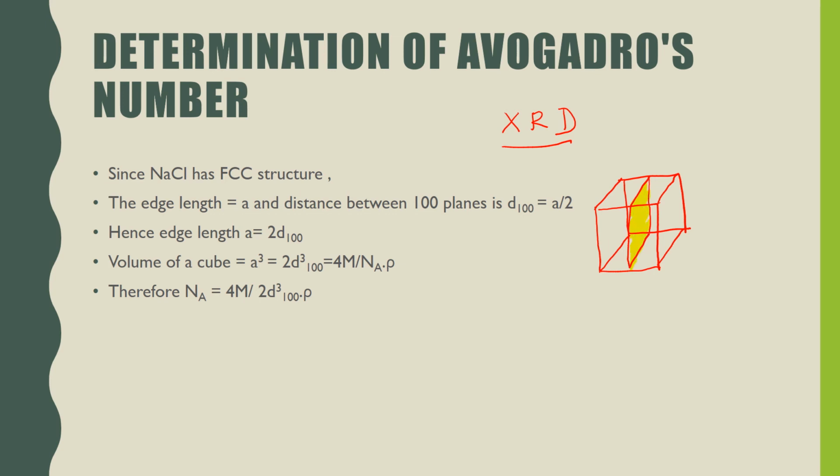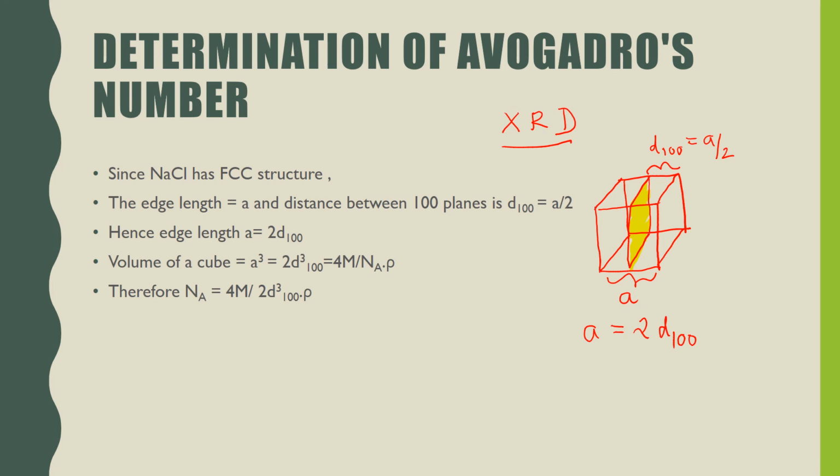So if we consider the edge length as A, the distance between the D100 planes is A by 2. So from X-ray studies we get D100 and hence we can find the edge length A as 2 times D100.